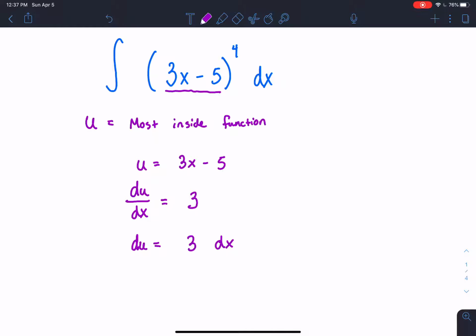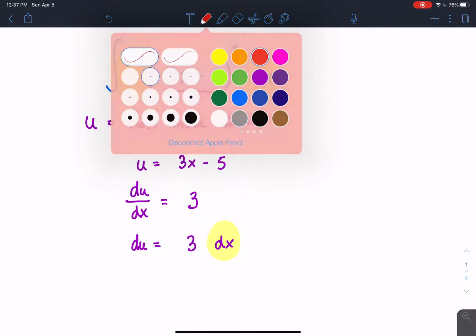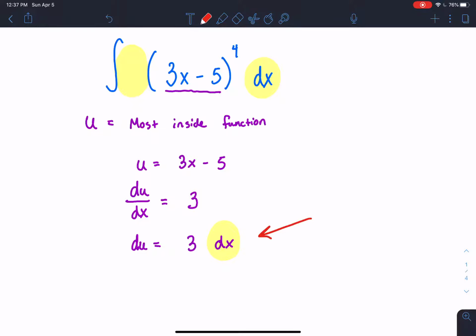Now once you get here, you want to look at your original problem and see, does it match up with what you have? So I see that I have a dx term and I have dx here, but I don't have 3. Obviously, there's no 3 on the outside. So I need to correct this line so that it matches the original problem.